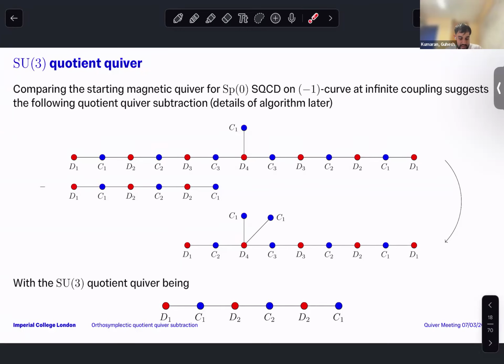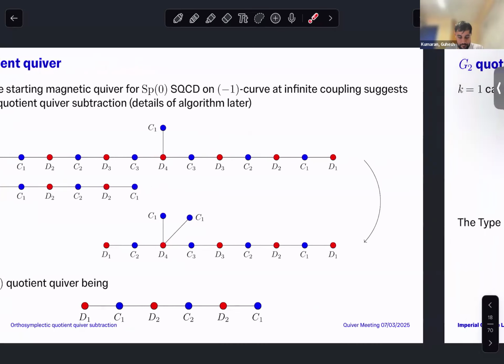And I just compared them. If you squint your eyes, you can see that there is a kind of subtraction I'm doing on this leg, which gets me from this quiver to this quiver along this arrow. Now I'm led to believe that I can gauge an SU3 in the magnetic quiver using the subtraction of this quotient quiver here. I'll give details of exactly how you do this later, but this is just to show where these come from. Right.